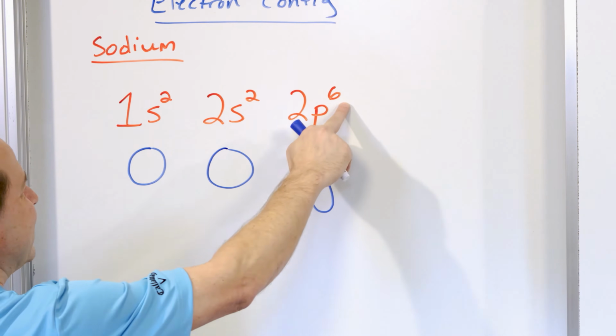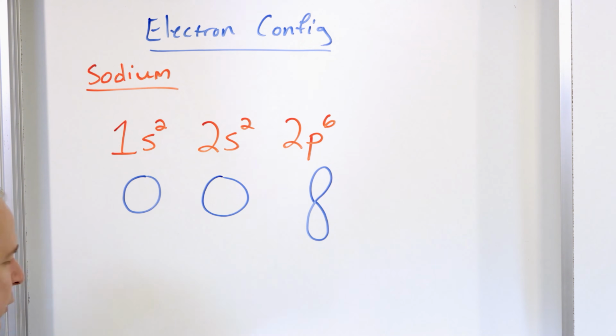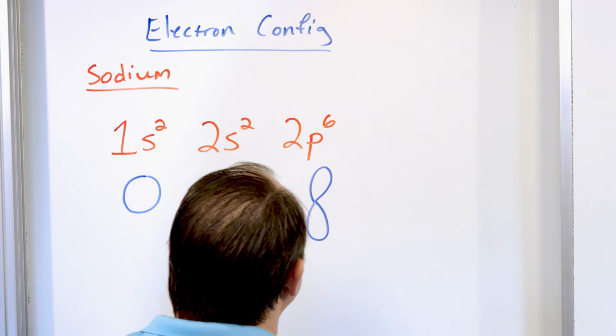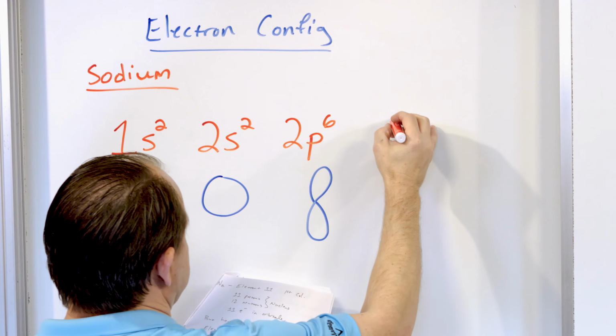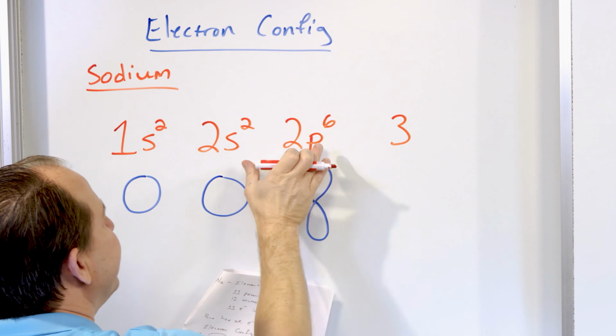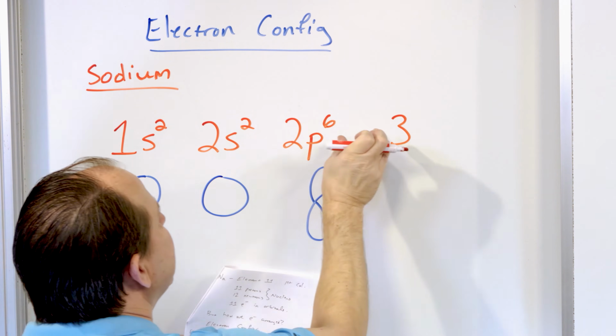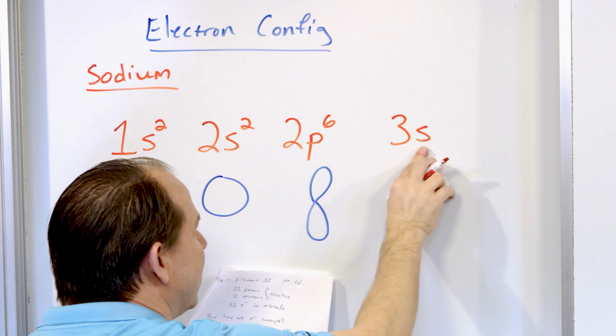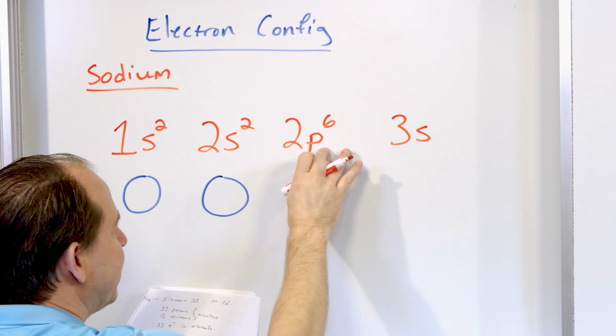Okay, so here we have 6 plus 4, that's only 10 electrons. Sodium actually has 11 electrons. So here is the punchline. The last single electron in sodium is in the 3rd energy level because the s and the p are full, and so when they're full, you go out even farther away to the 3rd energy level. And it's a spherical level. Notice how it always starts spherical, then sometimes there's a p.